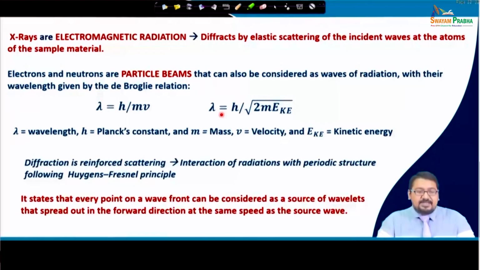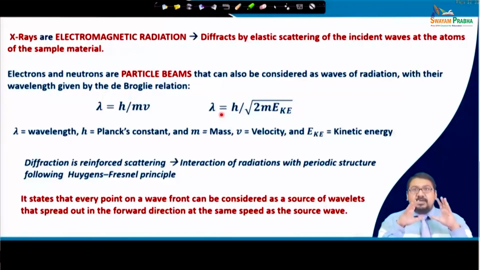So, if we calculate, we can obtain the lambda from this, and you see that the electron and the neutron basically behave like a wave, even though they are particles, using de Broglie's relationship.